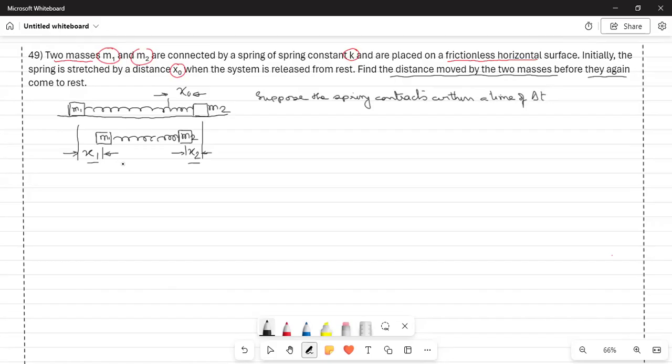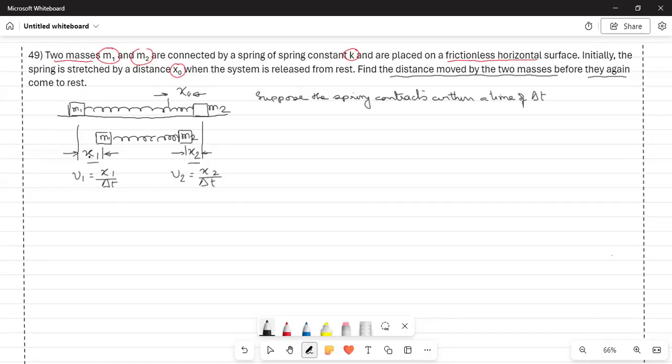And in delta t time, M1 has moved by a distance x1. So what is the velocity of M1? Velocity of M1 is V1 equal to x1 by delta t. And what is the velocity of M2? V2 is equal to x2 by delta t.